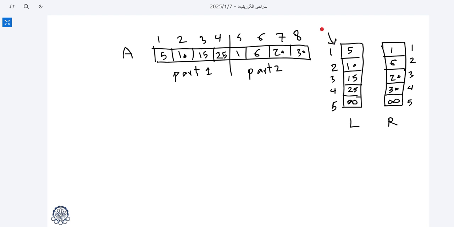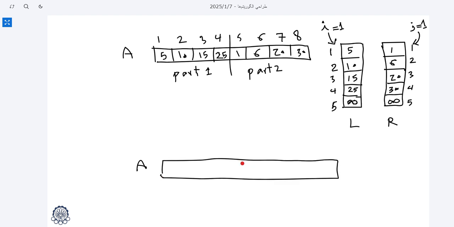We define index i and index j. Index i is 1 at first, index j is 1 at first. Index i is used for indexing into L, and index j is used for indexing into R. Then we are going to sort array A in total, okay?